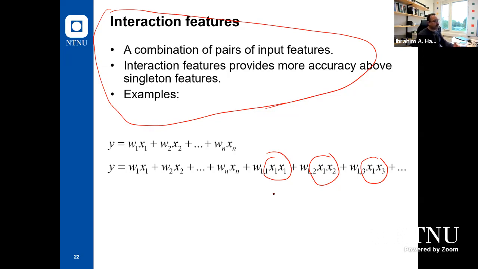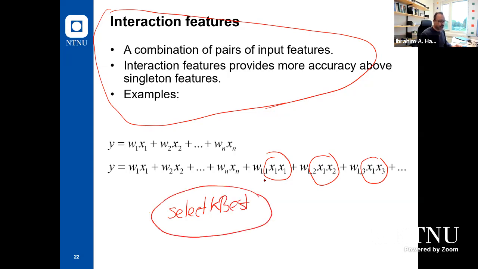You can also propose higher order features. I can say x1 squared, it's higher order anyway. For example, I can just continue adding x2 times x2, x3 times x3, and so on. So we can just propose many. And as I told you, we can use a method called select k-best. When we use this approach, we can select the most powerful features from my set.